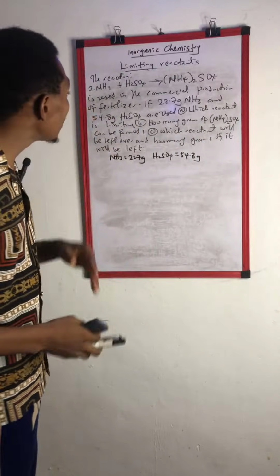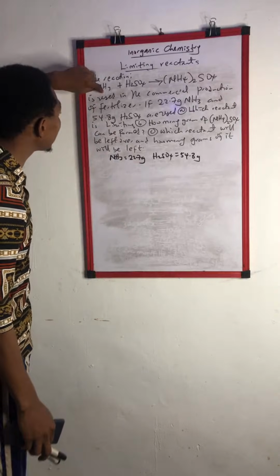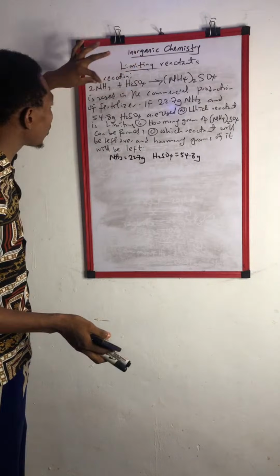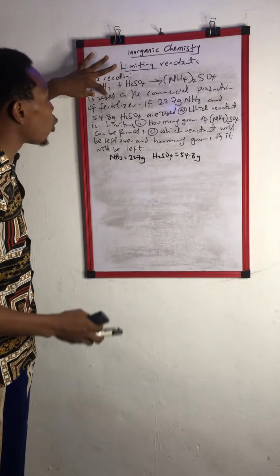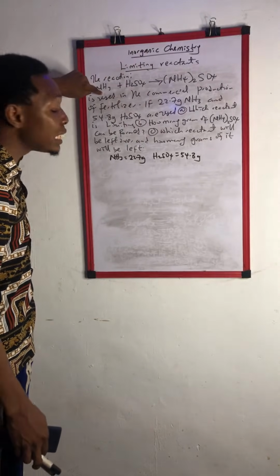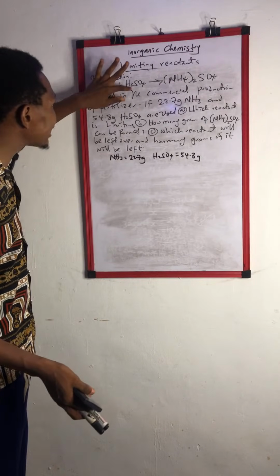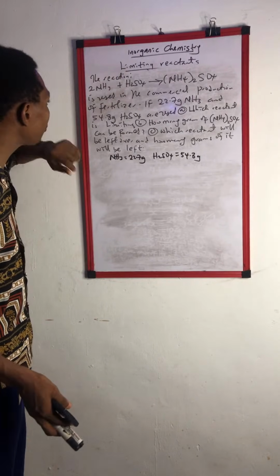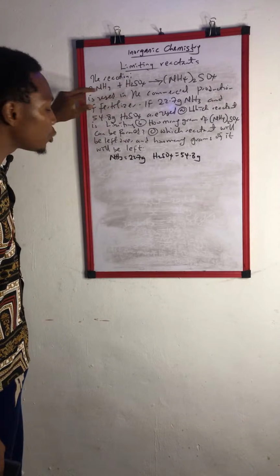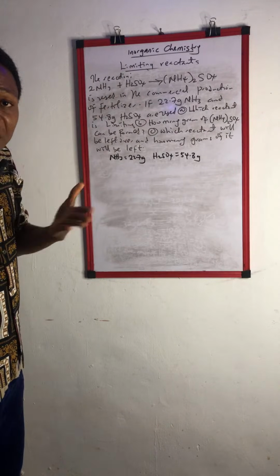Once you are done with that, you calculate how many mole of hydrogen sulfate is needed to react with ammonia. Take note, it's your ammonia that is reacting with sulfate. It's not your sulfate that is reacting with ammonia. No, it is your ammonia that is reacting with your tetraoxosulfate(VI) acid.